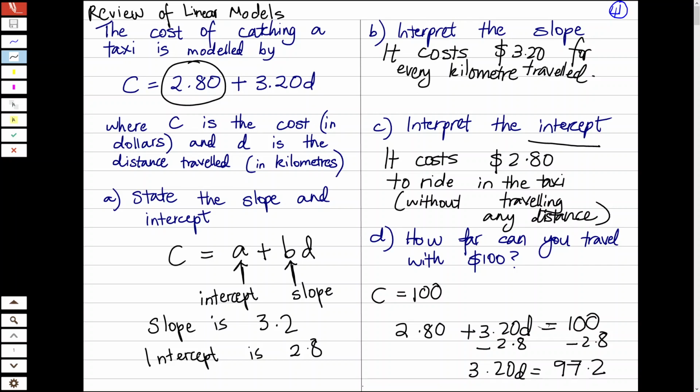Let me do a similar one. 5x equals 12. You know how to solve that equation? The answer is 1.